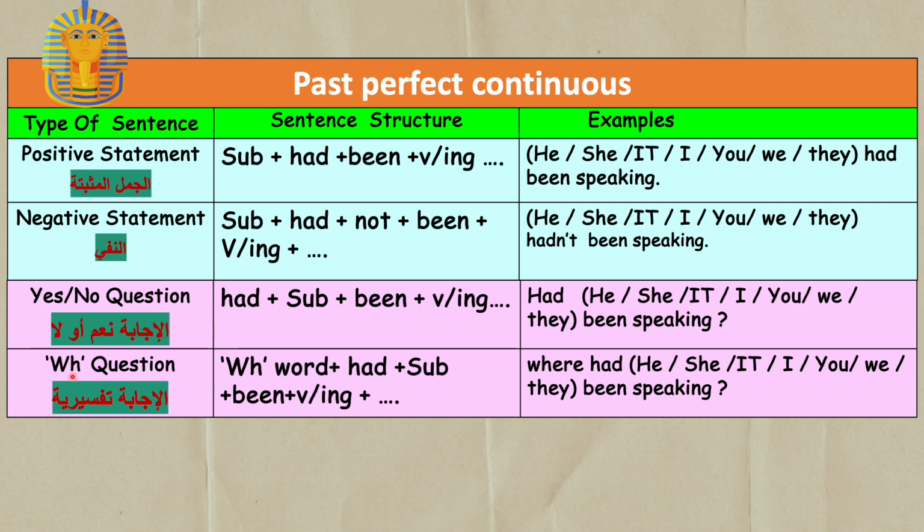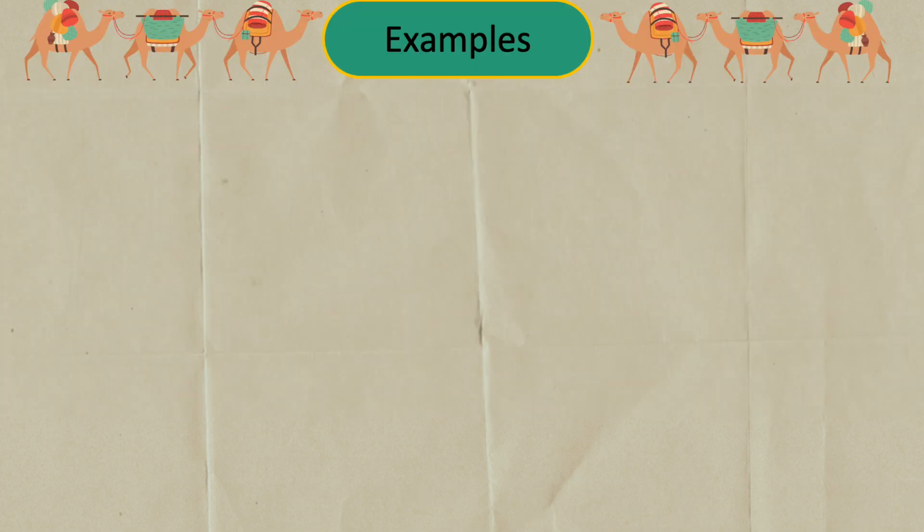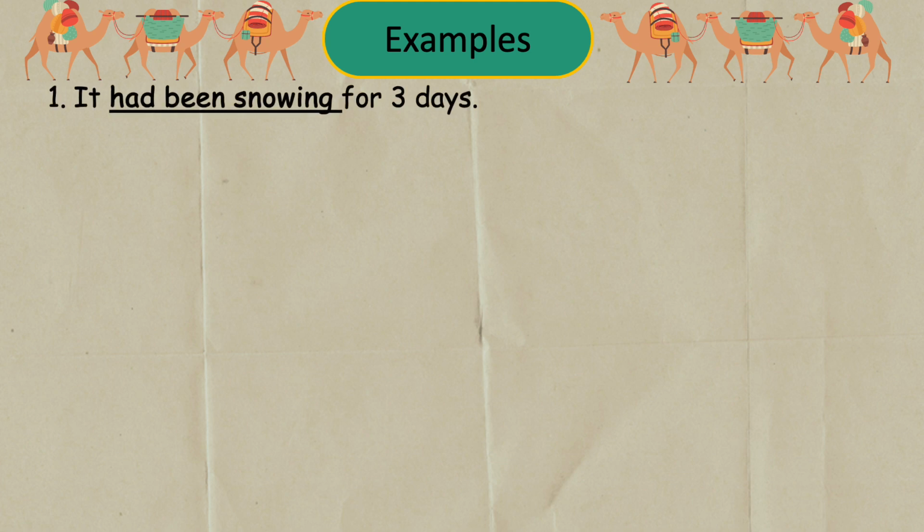To make a WH question, where, when, what, etc., you start with WH word, had, subject, plus been plus verb ing. And now check out the rules for making past perfect continuous below.